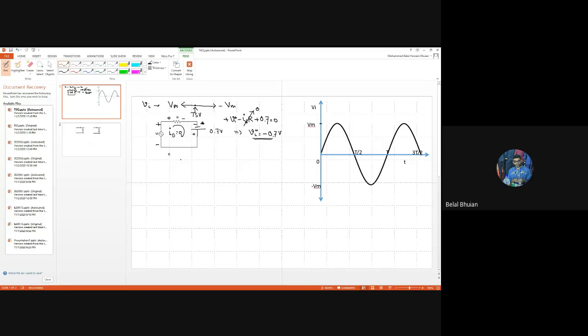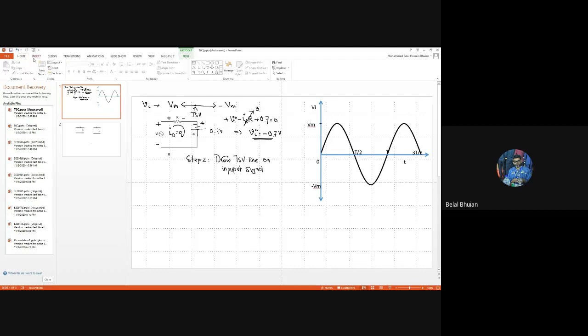So our next step would be step 2, draw the TSV line on the input signal. So let's draw it.